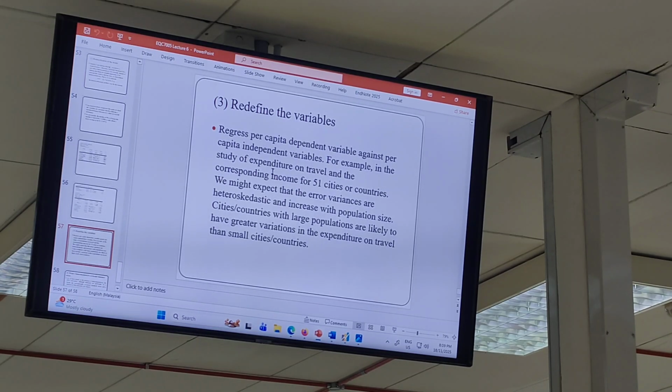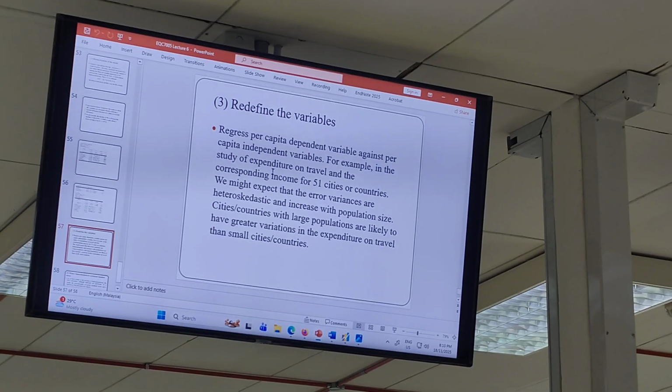You have data for different countries, for different cities, and you use the data that represent the total volume for each country or each city. Then there is a possibility for you to have the problem, because a large country will have a larger size of error. We produce a larger spread of error, so they have larger error variance. So it depends on the country or depends on the cities.